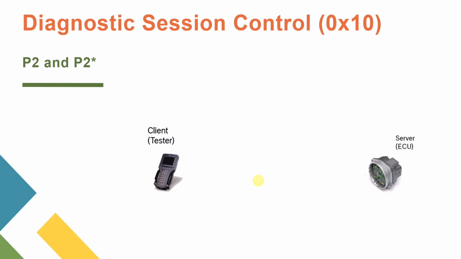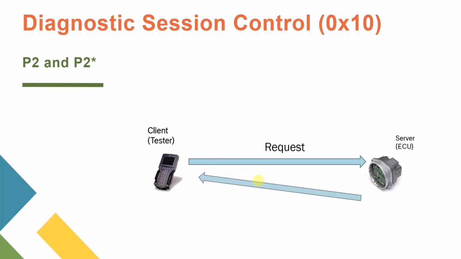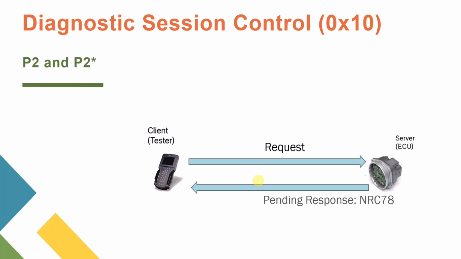I have sent a request to the server, and the server processes it and says, hey, wait, I need some time, I'm still processing. By that time the P2 timing has already lapsed. Then it will send a pending response, NRC 78. We will receive multiple NRC 78s up to the configured P2 star timing.